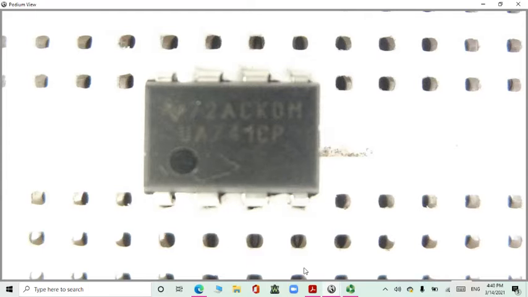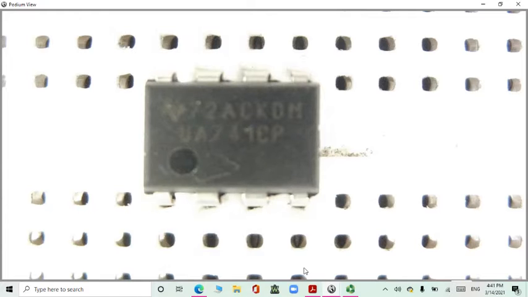Pin number 2 is for inverting input. 3 is non-inverting input. 4 is for the negative supply. Pin 5, as we said, is out of our box, used for null offset.